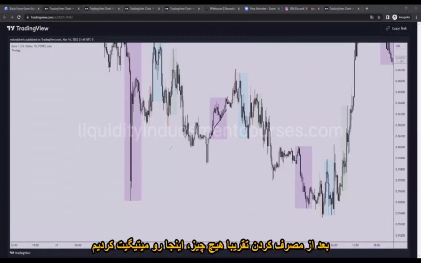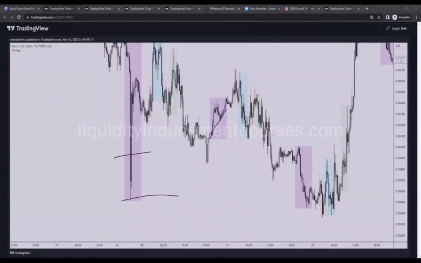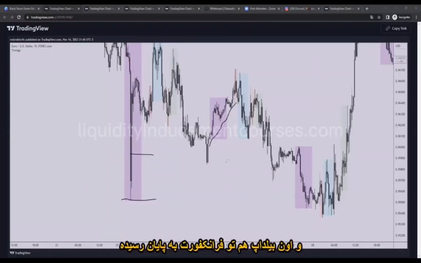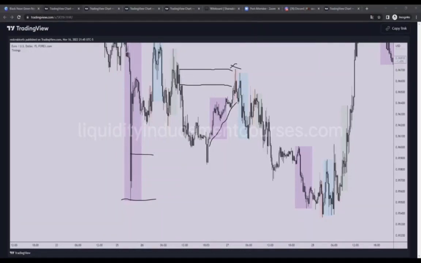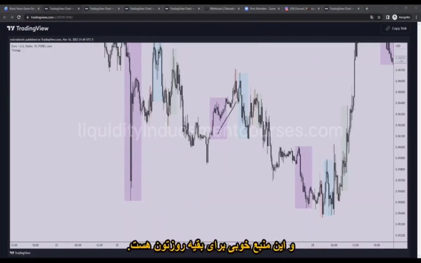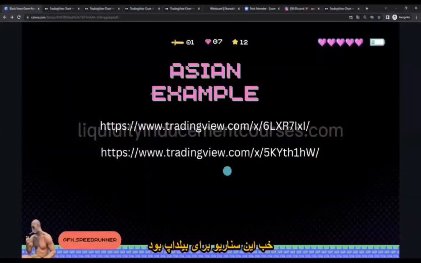We only mitigated some unmitigated orders here, and that build-up ended on Frankfurt on zero. This structural liquidity, or maybe it was this, it doesn't matter. And this serves as fuel for the rest of the day. So this is one scenario for build-up.